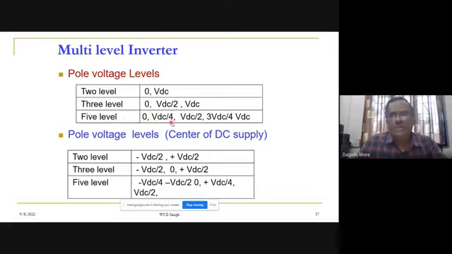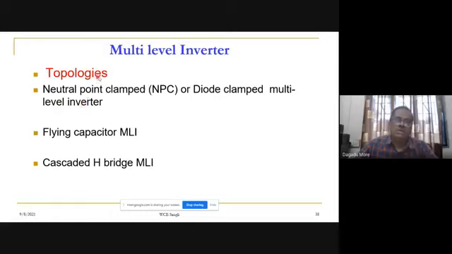For five level, 0, VDC by 4, VDC by 2, 3 VDC by 4 and VDC. We adopt the second convention here. Both are correct.